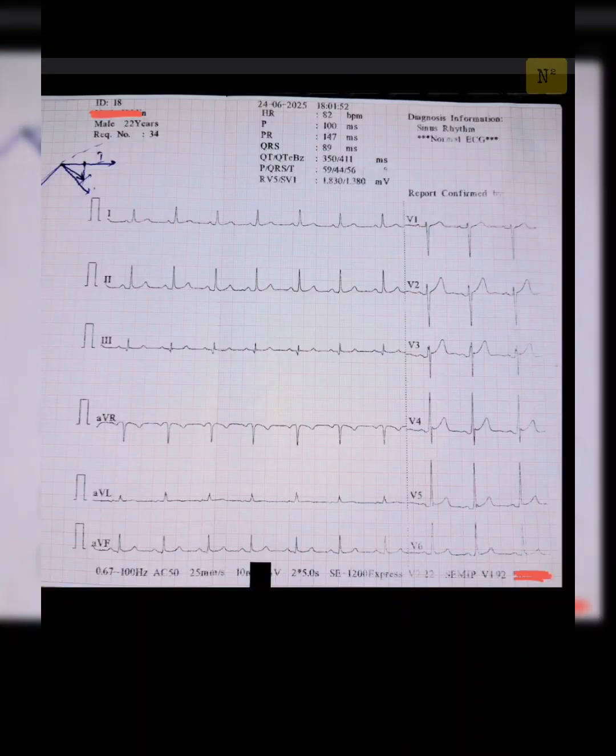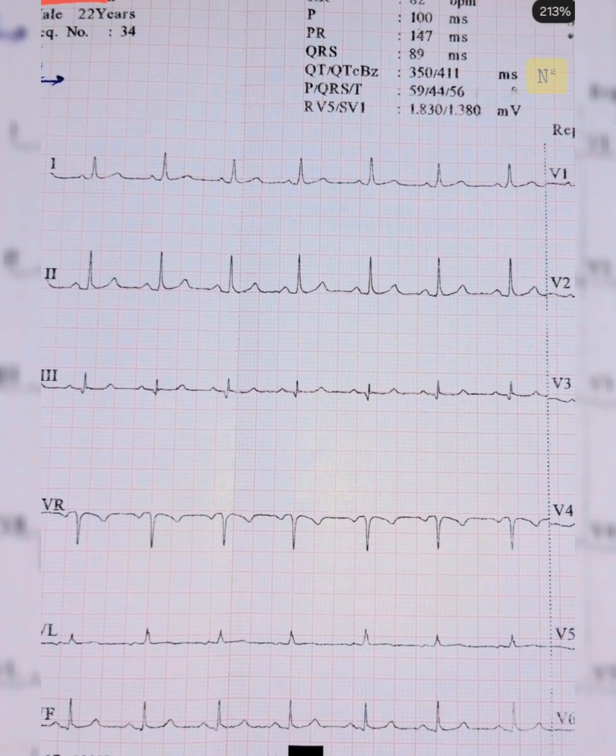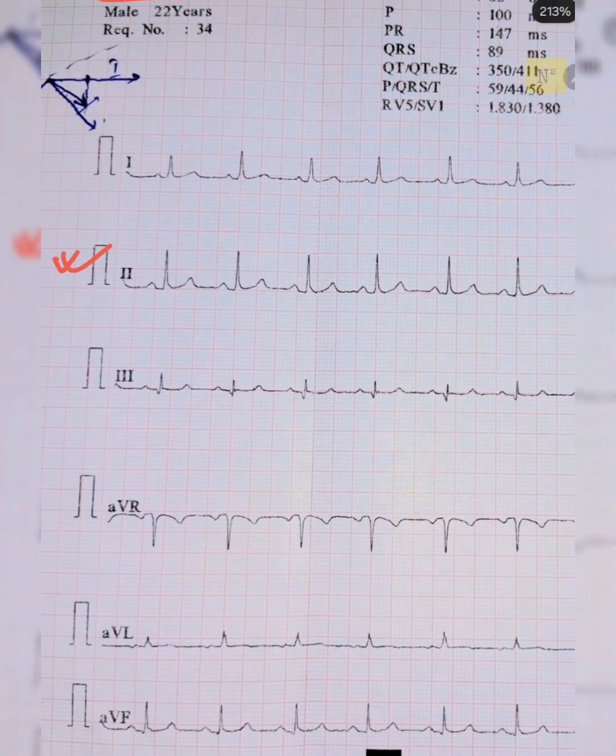Now let's learn about the individual curves in the ECG recording. Let's take this lead as an example, lead 2. In the lead 2 rhythm strip, you can see prominent peaks. These are nothing but the R waves.